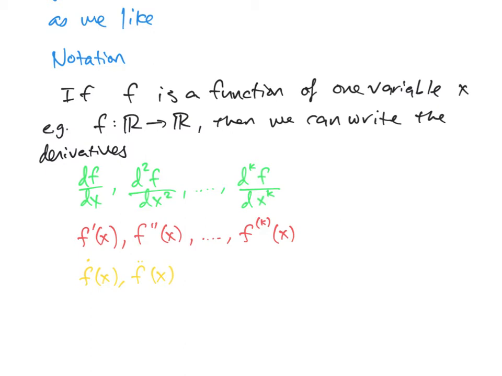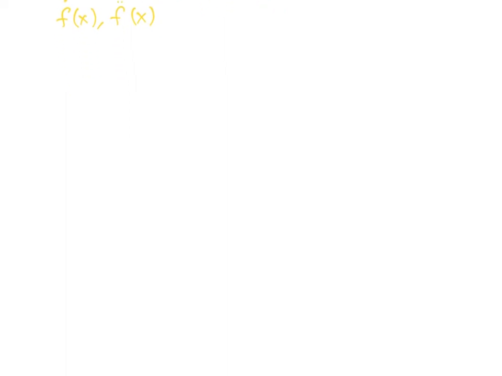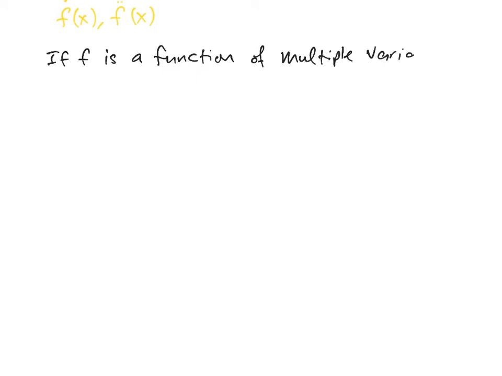Okay, so that's the easy case where we only have one variable for our function, but we are often concerned with f being a function of multiple variables, say x1, x2, dot dot dot, to xn.